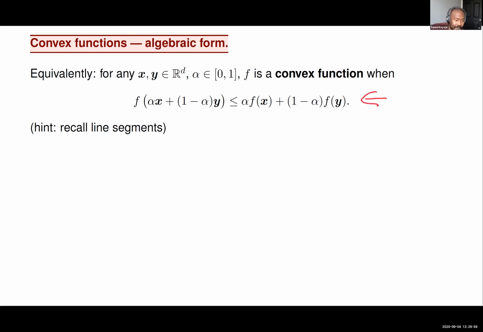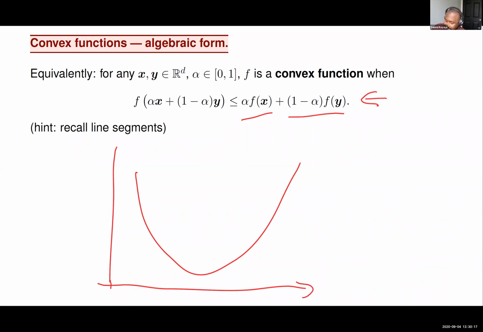Now, again, I can convert this property into intuition. The intuition is exactly the same as before. If I draw my function f, this is the weighted average of 2 points of the function. So to make sure axes are concrete, this is x, this is f of x, right? And I take 2 points along the curve.